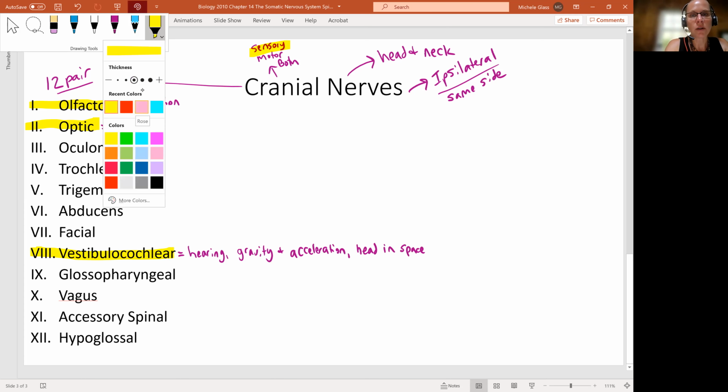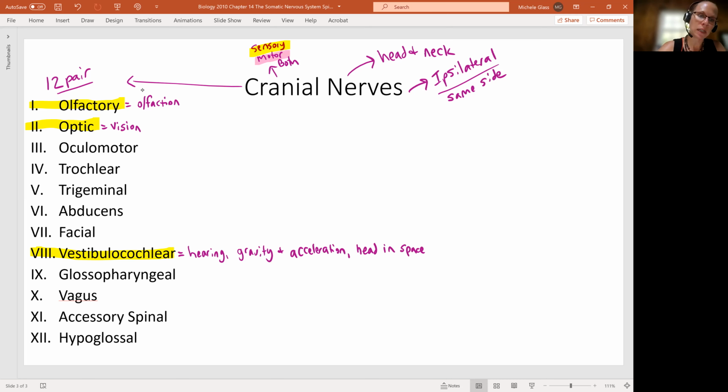When we look then at our motor cranial nerves, we're going to see our oculomotor, trochlear and abducens, and we're also going to see accessory spinal and hypoglossal. So these will be our motor cranial nerves. The oculomotor, we're going to see it involved in movements of our eye.